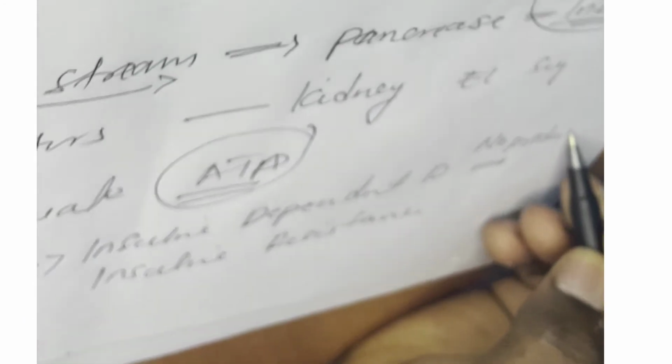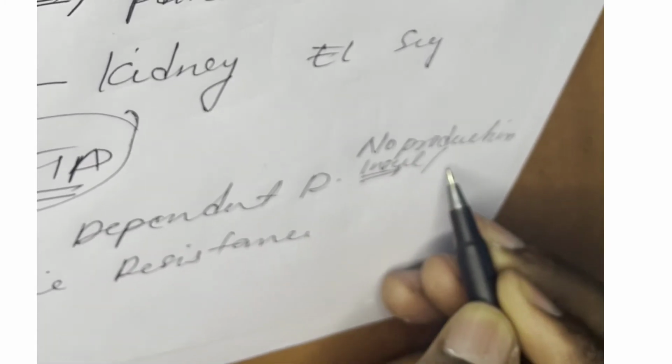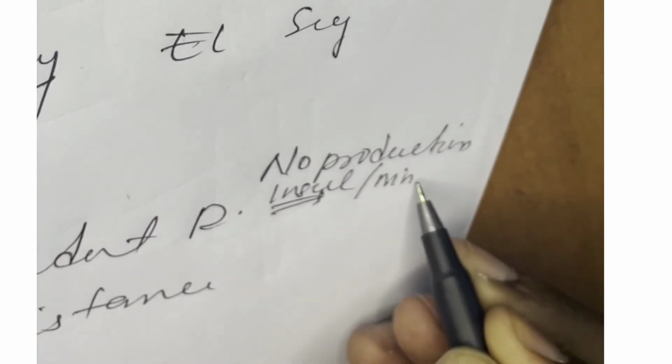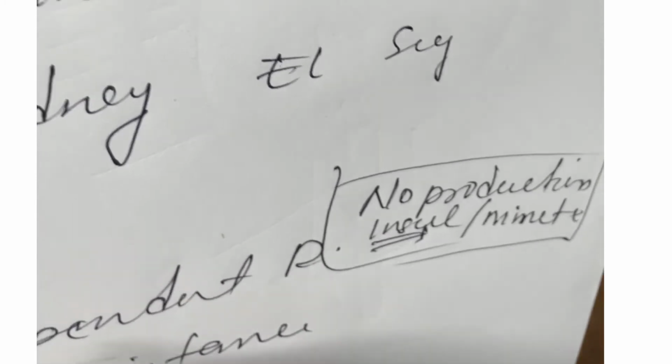So when there is total absence of insulin production, or only a minute amount is produced, this is what we call type 1 diabetes, which is insulin dependent.